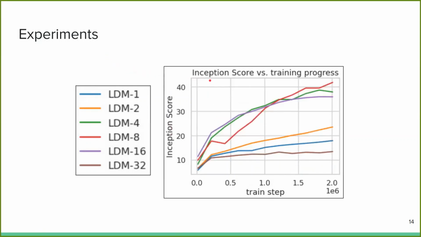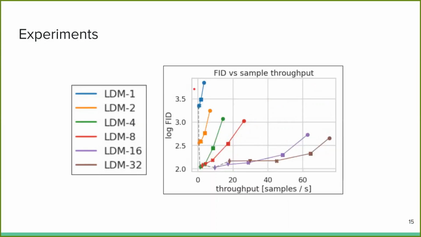And then furthermore, we want to check the inception score for these LDM models as well. At the very top, again, over 2 million training steps as well. LDMs 4 and 8 still achieve the highest inception score here. And finally, we want to compare the LDM's sampling speed with different numbers of denoising steps. This graph right here, these results were produced by the Celeb HQ dataset.